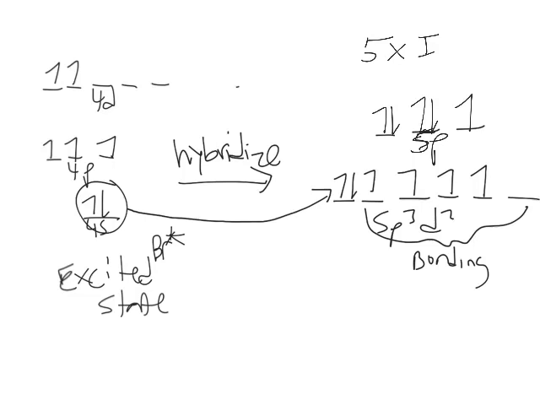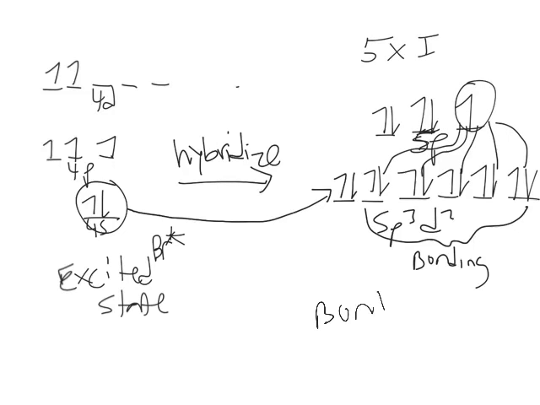And what's going to happen is this electron here is going to get distributed down to fill all of our bonding. Oh, forgot one there. There we go. And this is known as the bonded state for bromine.